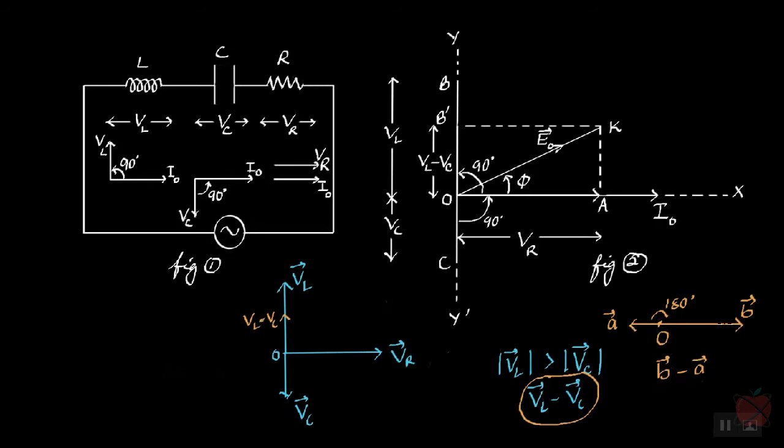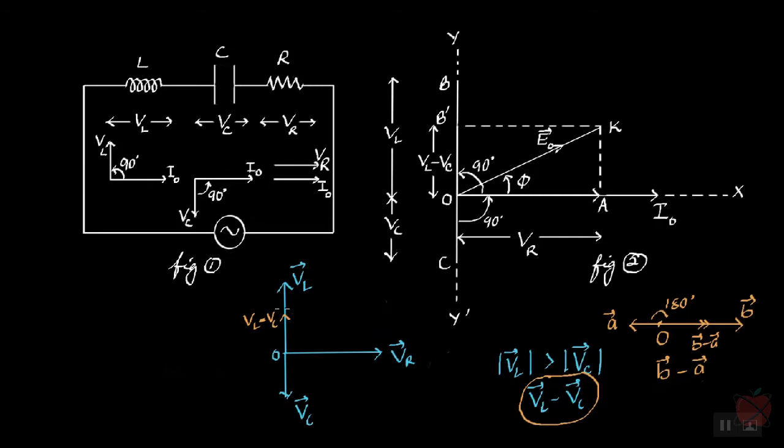Like here also, if you take B minus A, where is B minus A? It will be pointing in the direction of the longer vector, right? So this will be B minus A bar right here. Since VL is larger, the resultant of VL and VC will be in that direction, pointing in the direction of the larger vector VL. Is it clear here? So we have found the resultant of VL minus VC.